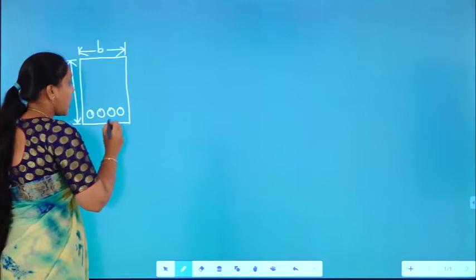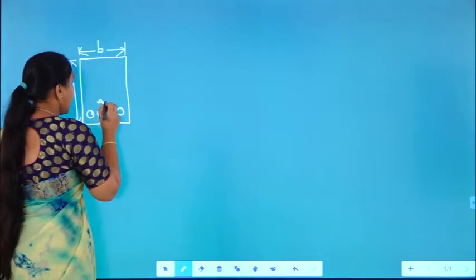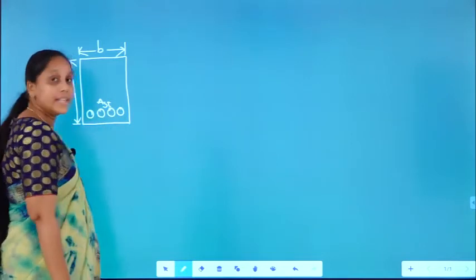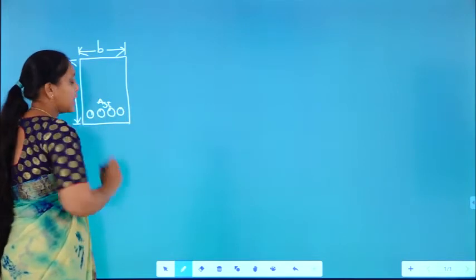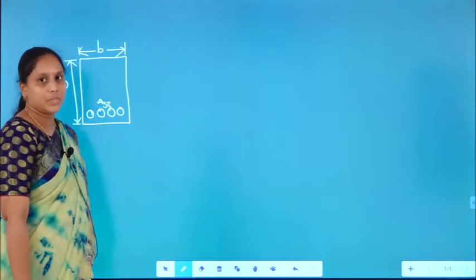This will be your area of steel, which is Ast, and the depth from the topmost fiber to the center of the reinforcement will be your effective depth.